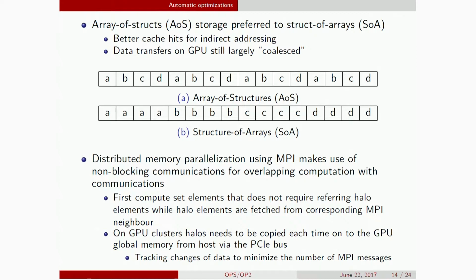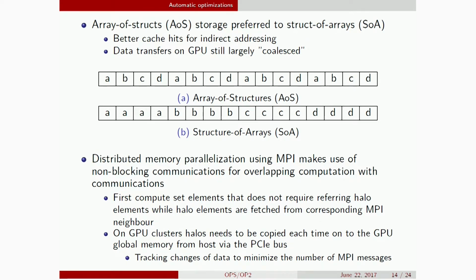And these are some examples of which optimizations are done with the source-to-source translator. For example, for better memory accesses on GPUs, we have this transformation on data layout.